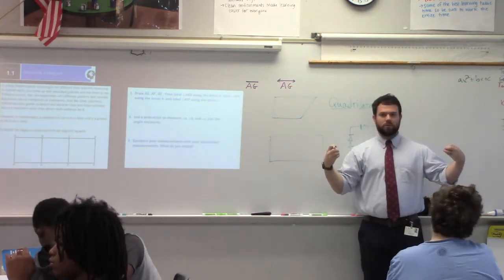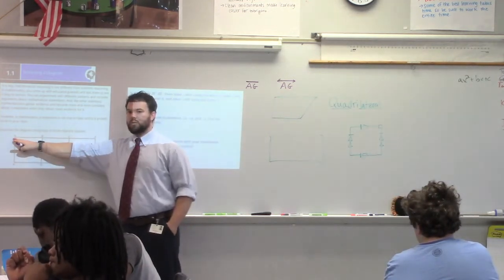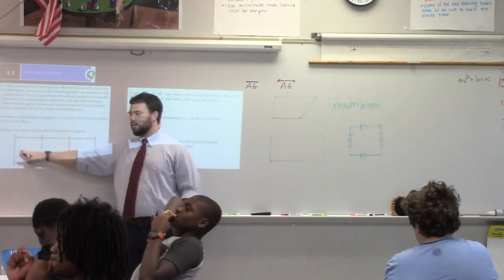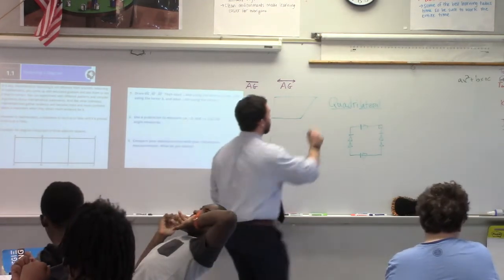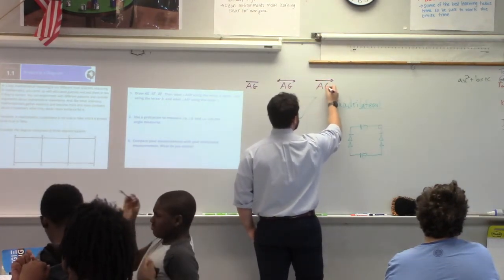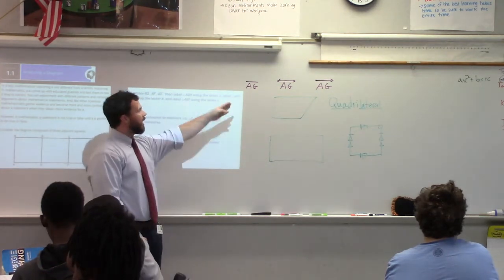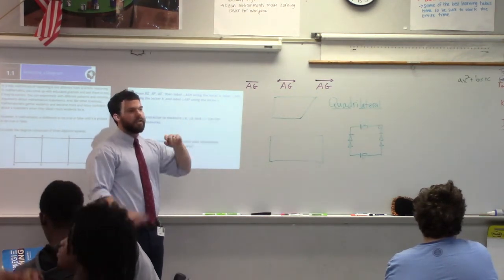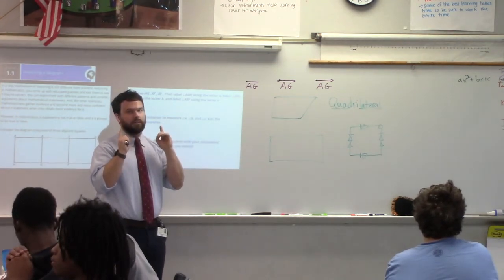What is AG? Not quite a ray. What you see right here, we're going to talk more about this in a second, but you see how A is here and G is here? You're going to draw it in. So a ray has a starting point and then continues forever. So we're not talking about a ray. It's not line AG, it's not ray AG, it's only a piece of a line, or a line segment.